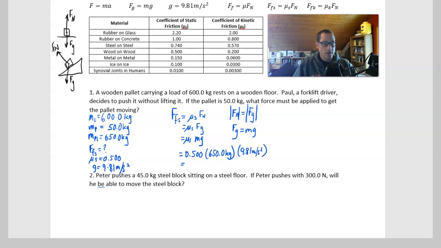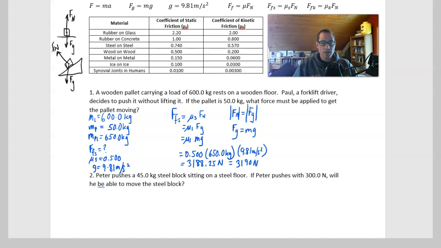And all of that, if you multiply it all out, you'll get 3,188.25 newtons. And you're going to round because you only have 3 significant digits, so it'll be 3,190 newtons.